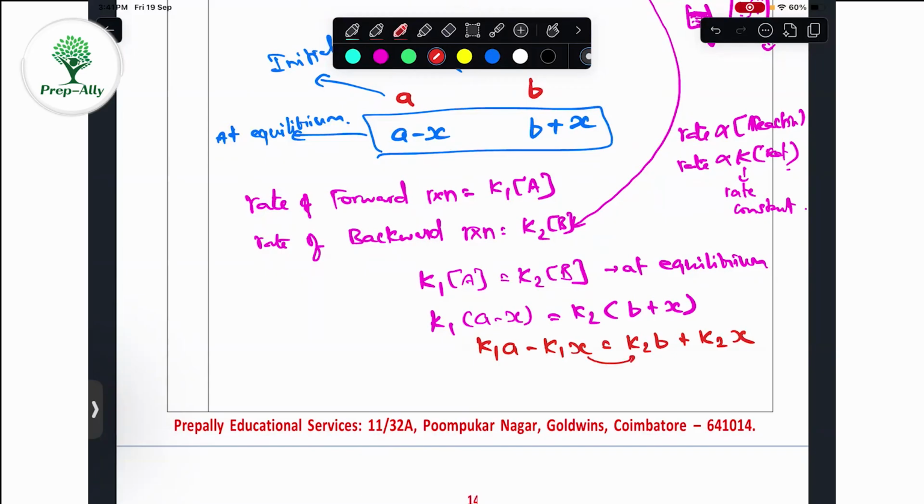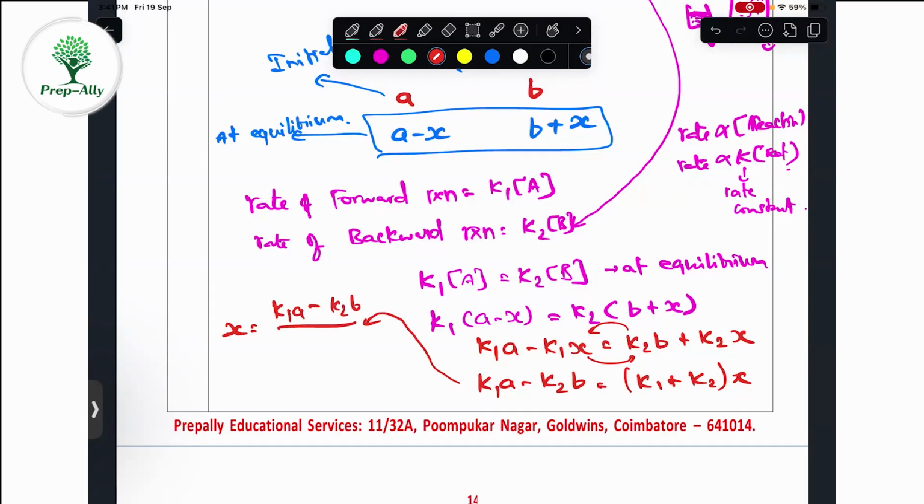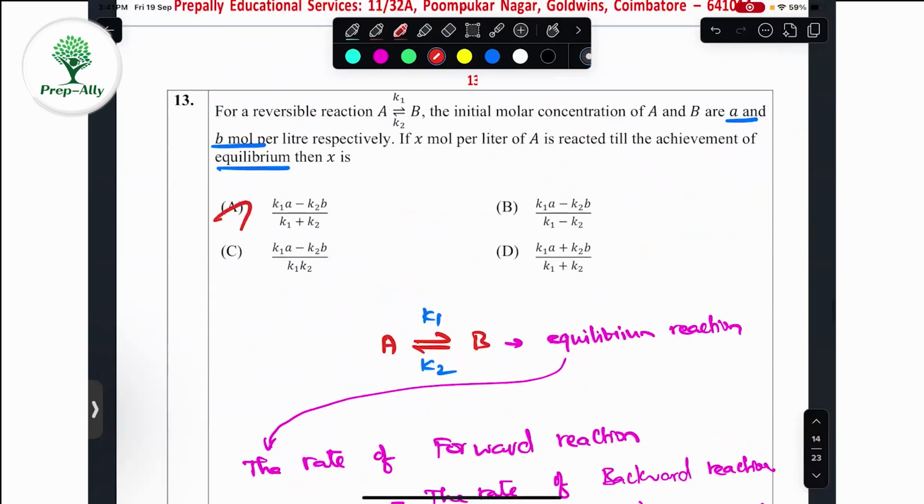Just bring this X to this side, so you will get K1 plus K2 times X. If you bring this side now, you will get K1A minus K2B. So what is X? X is going to be K1A minus K2B divided by K1 plus K2. So the answer is going to be A.